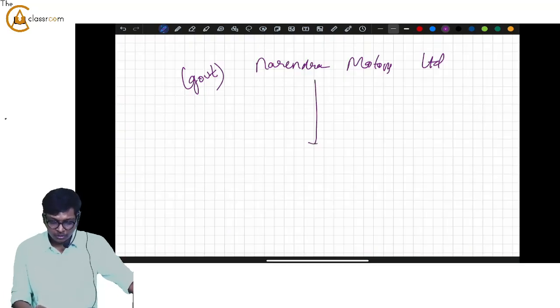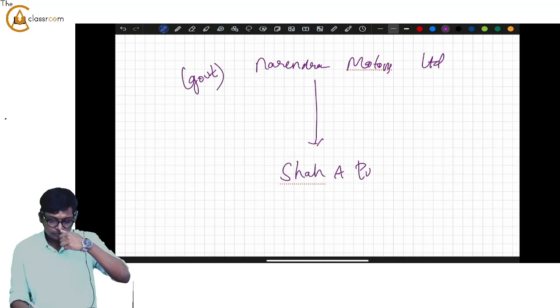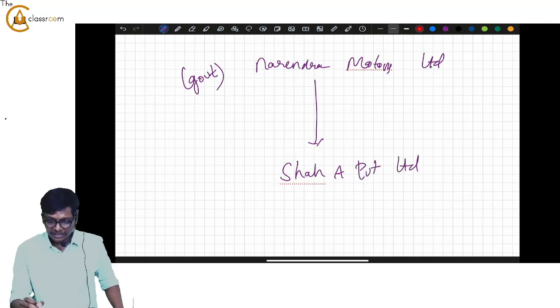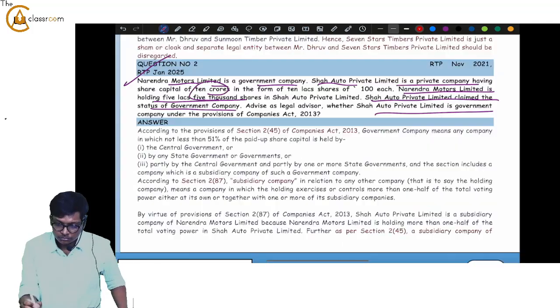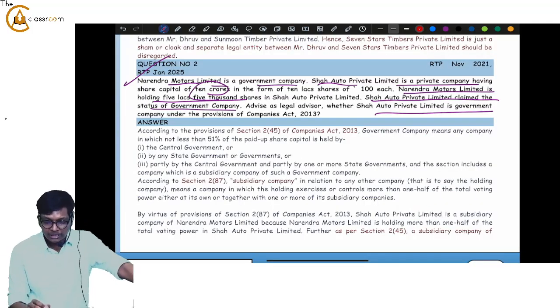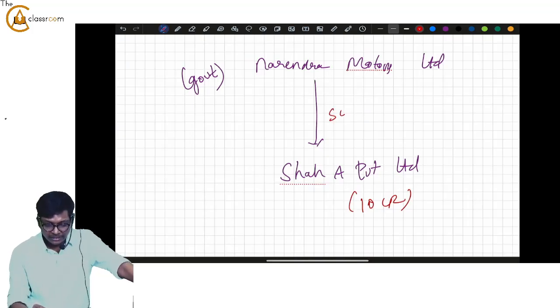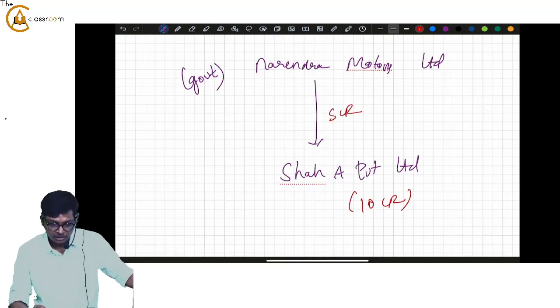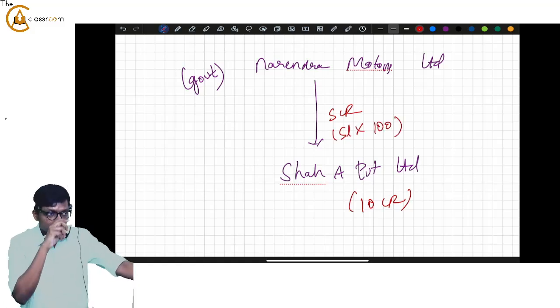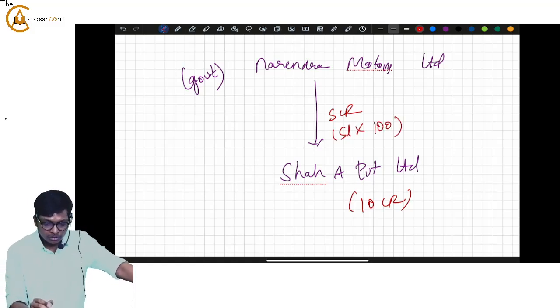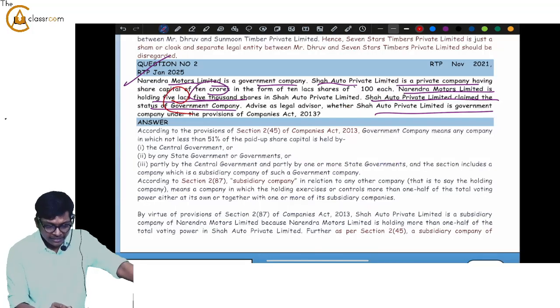So here what they are saying, we have a company called Shah Auto Private Limited which has how many shares? 10 crores. Which has how much, guys? 10 crores. These people have how much? 5 lakhs. Correct? So they have 5 crores.